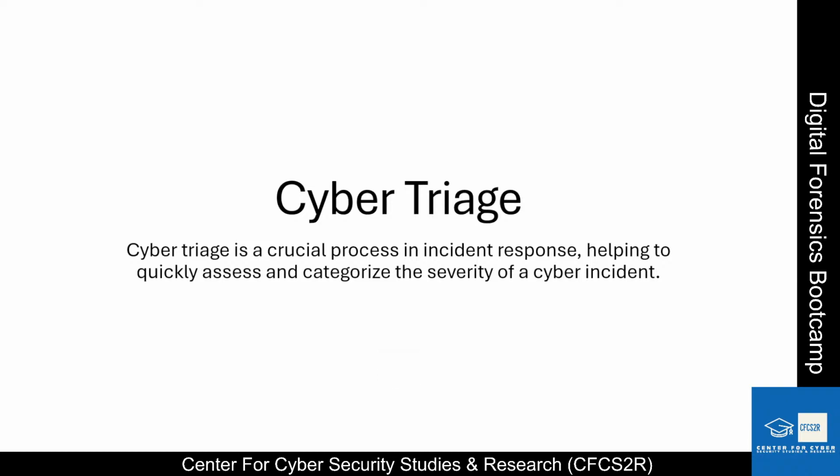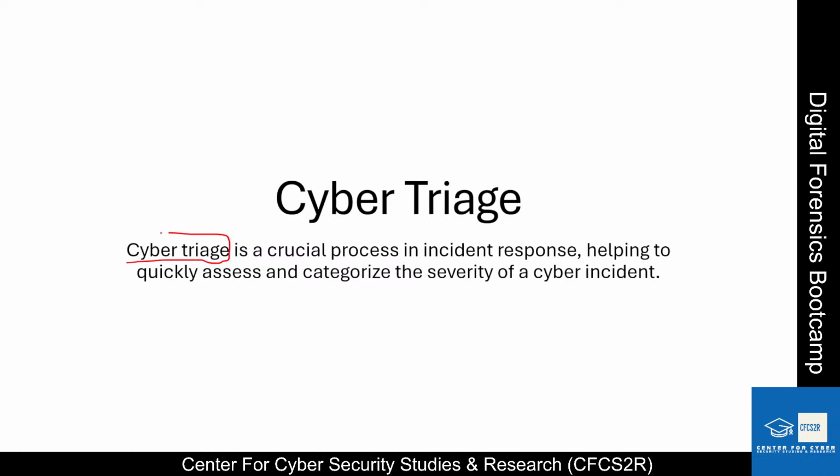Okay, so let's start with the very important topic, that is cyber triage. So what is cyber triage actually? It's a crucial process in incident response, helping to quickly assess and categorize the severity of a cyber incident.